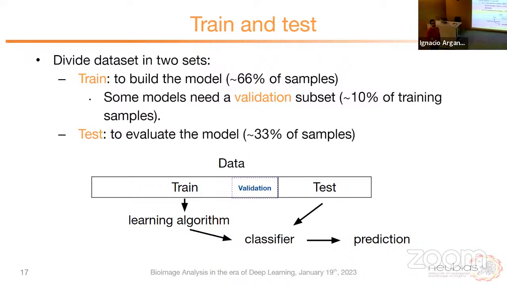So they're going to be unseen data for the model. And then in some of the models that are used in machine learning, especially artificial neural networks, and what we use in deep learning, we need a special subset of the training set that we call validation, which is a simulation of the test set, inside the training set, to decide when to stop training the algorithm.